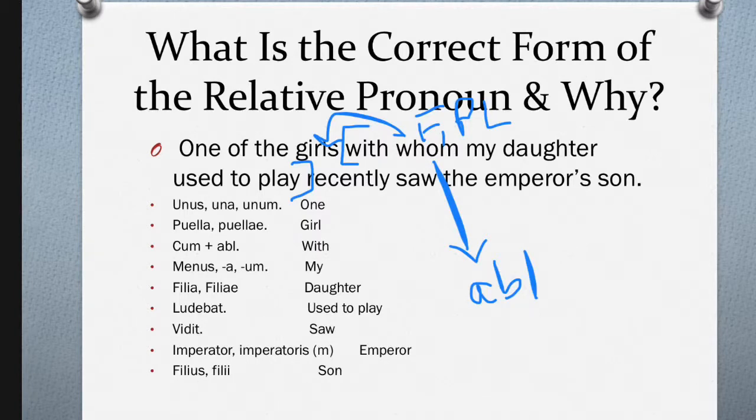Girls is feminine and plural, so my relative pronoun will also be feminine and plural. Whom is the object of with, and because with takes the ablative case, my relative pronoun will need to be ablative. Pause the video while you find the correct form of the relative pronoun from your chart.